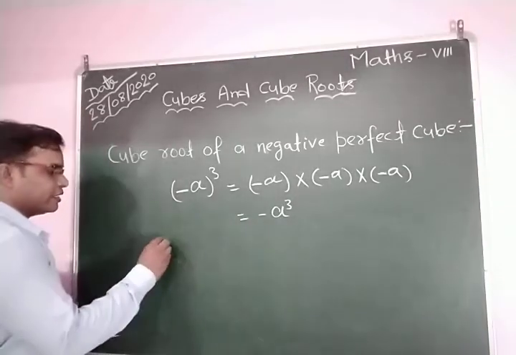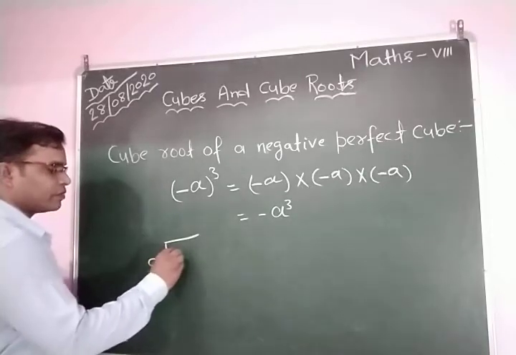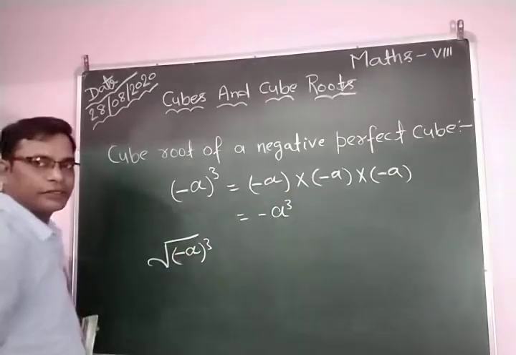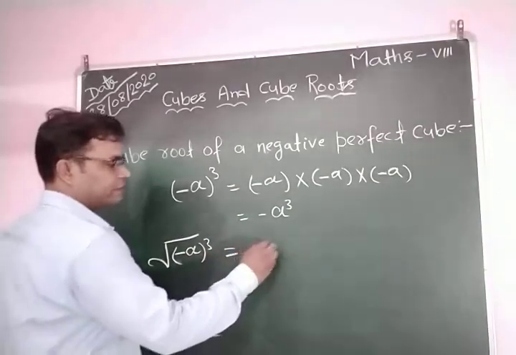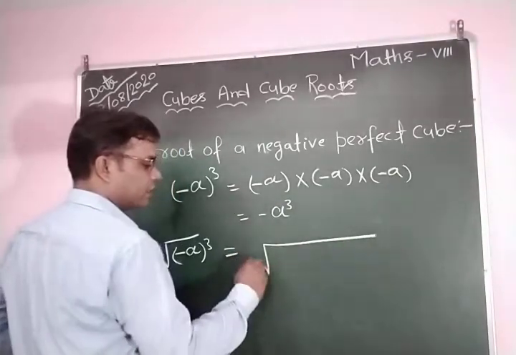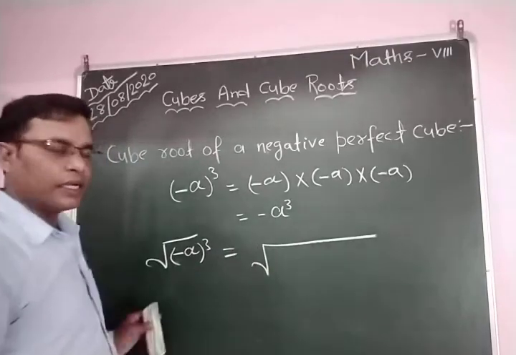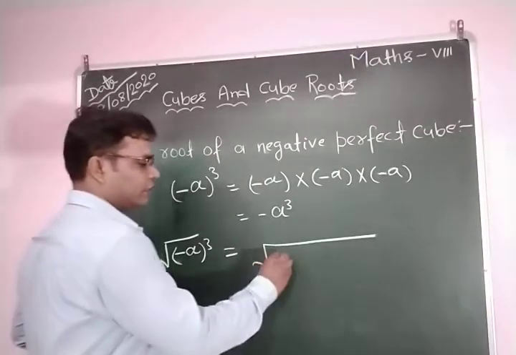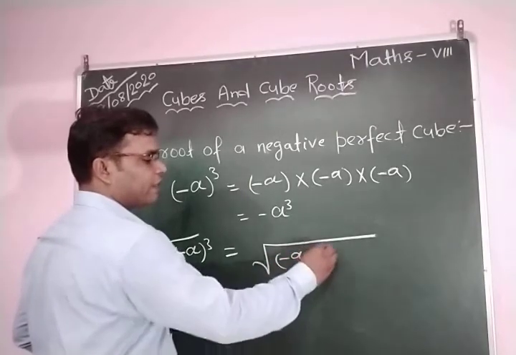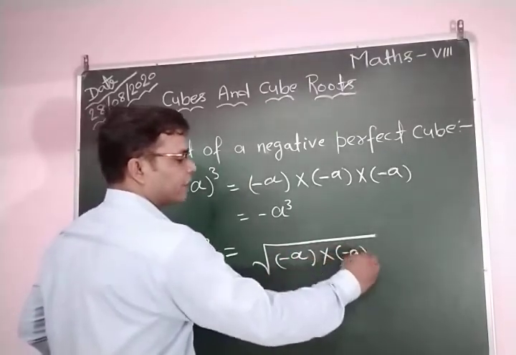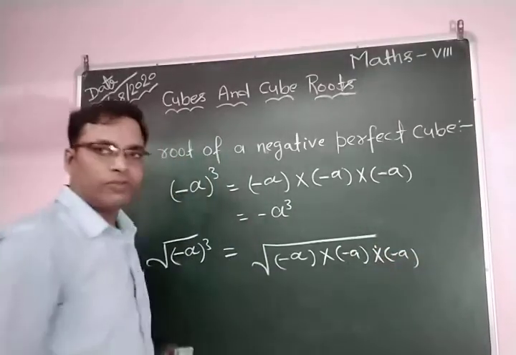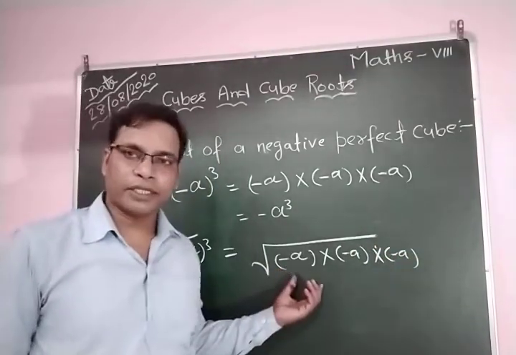Now we need to find the cube root of this negative perfect cube. So you can write (minus a) to the power 3 and express it as the product of its group of triplets: minus a into minus a into minus a. You can see this is a group of triplet of minus a.